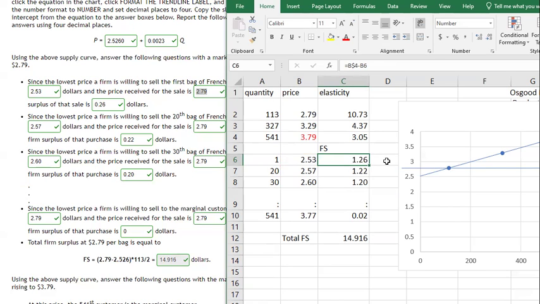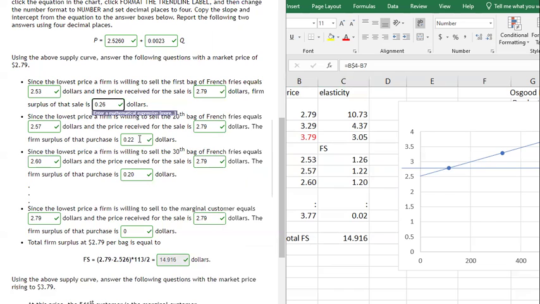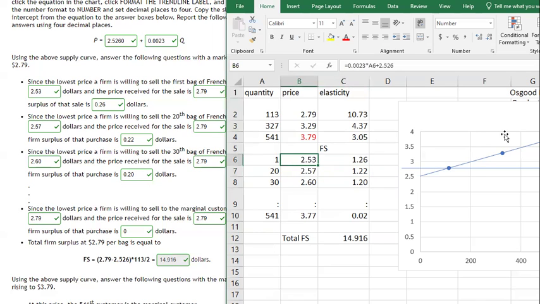Now it's $1.26. So we're basically just adding $1 onto that firm surplus, onto that firm surplus, and onto that firm surplus, because we're not getting 279, we're getting 379. So now we'd be willing to part with that one bag at 253, but we get paid 379. So the difference is 126.